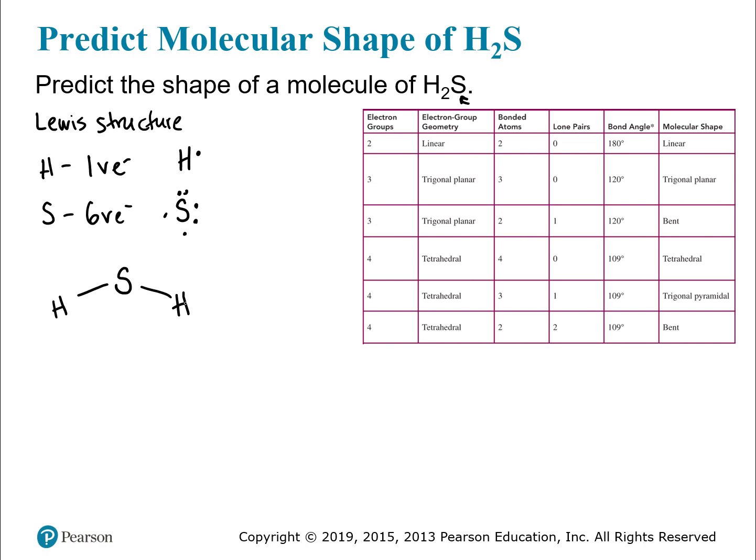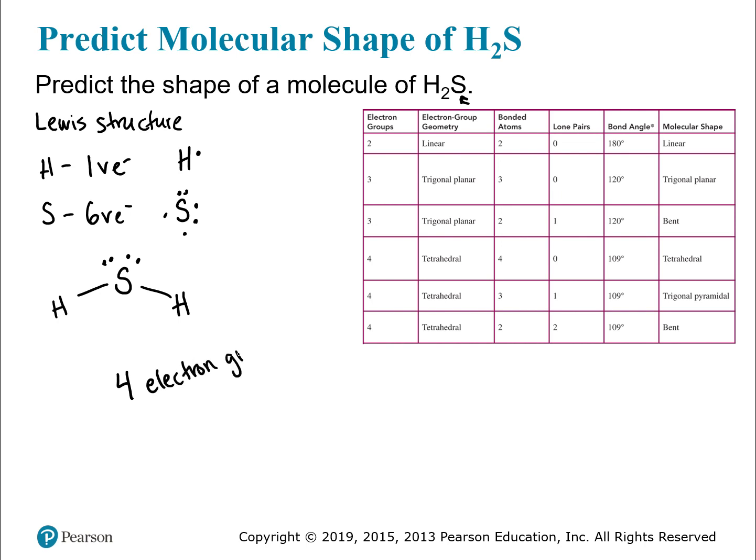So let's start by bonding the hydrogens to the sulfur. Then we've got these lone pairs left over. We've got 4 electron groups.